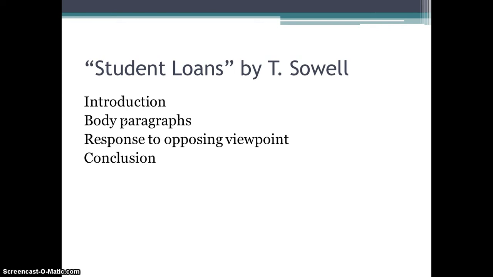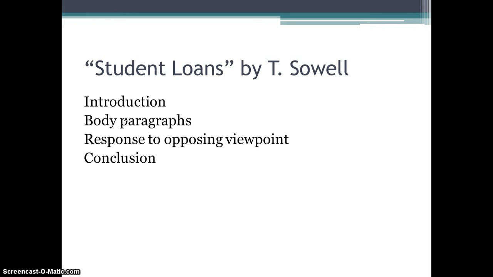We could bring up some research of our own about what education does in terms of positive additions to society, such as volunteer hours or lack of time spent in jail, or anything like that. We could use those as body paragraphs.